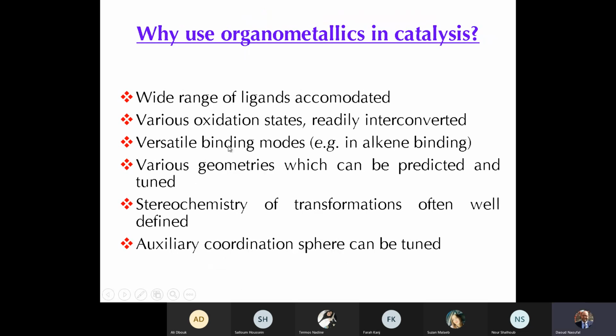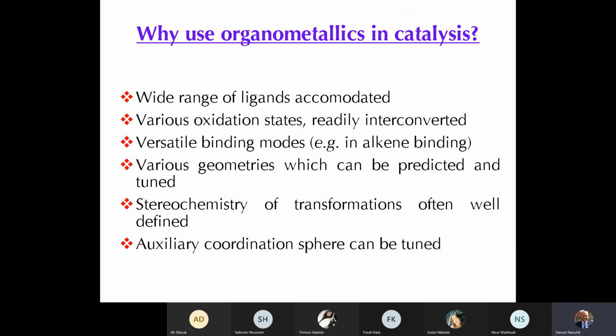Why use organometallics in catalysis? What is the importance of the organometallic complexes? First of all, we can add a wide range of ligands. Suppose you want to introduce a ligand L on an organic fragment.